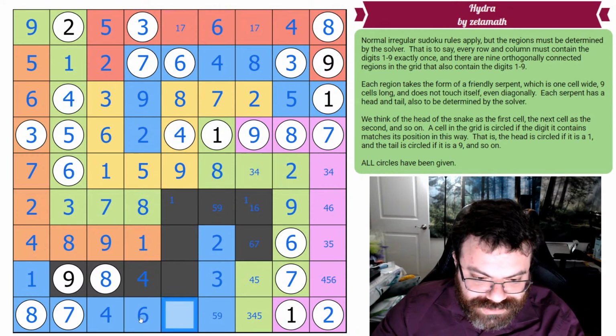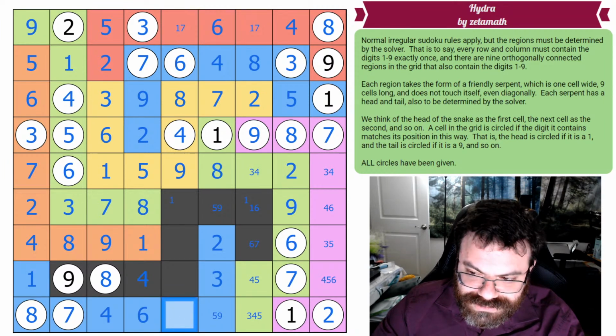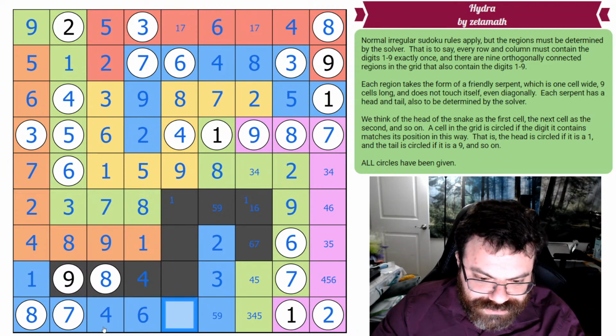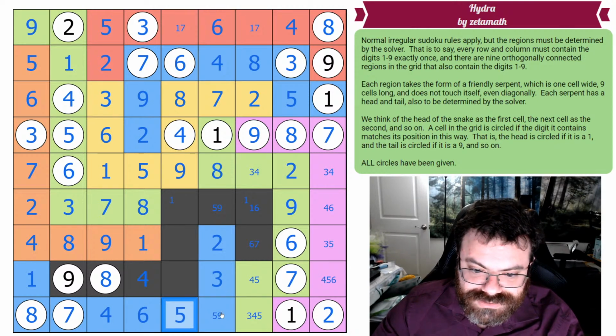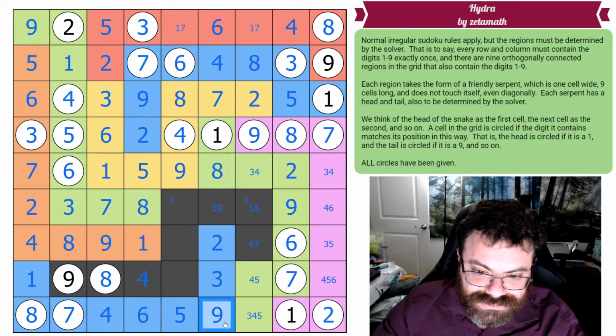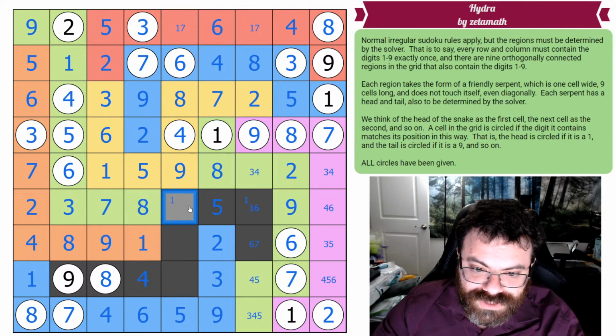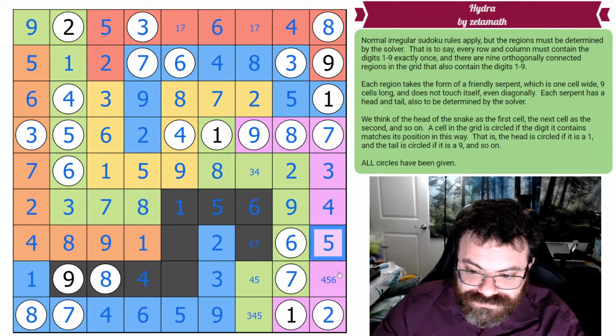This is hard to scan with all these colors. 1, 2, 3, 4. So I need 5 and 9. This can't be 9. So this is 5, that's 9. That makes this 5. This is 1, 4, or 6. It can only be 1. 3, 5, 6.